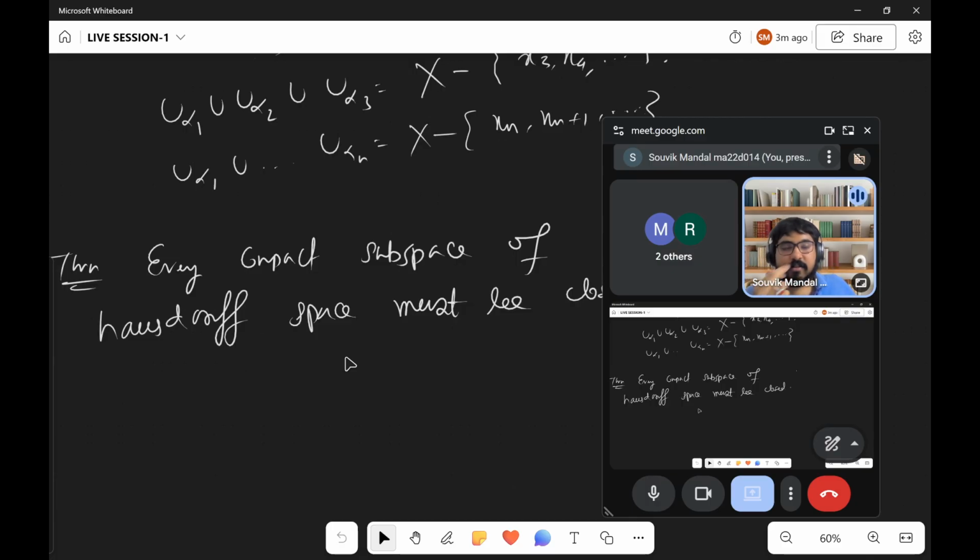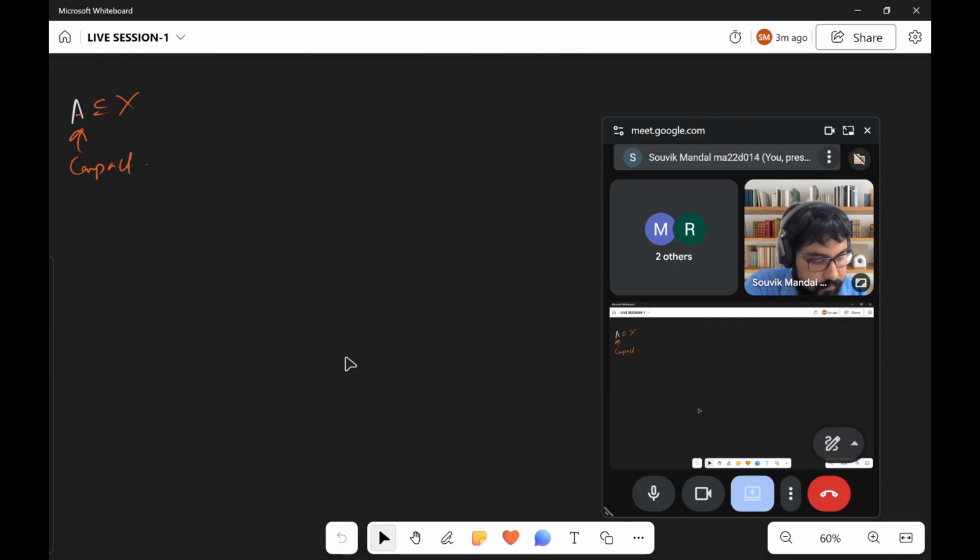A subspace A of X, and A is compact, and we take an element a which belongs to A, then there exists an open neighborhood of that point.